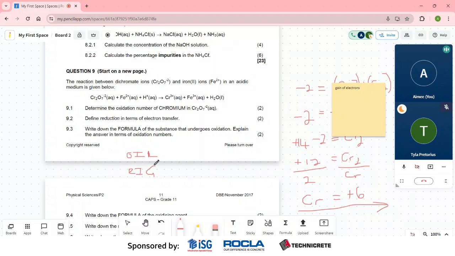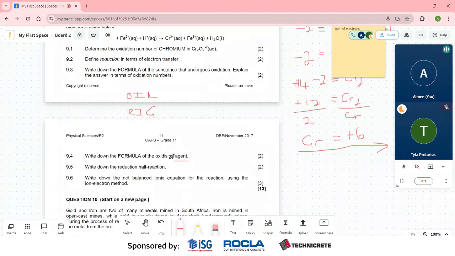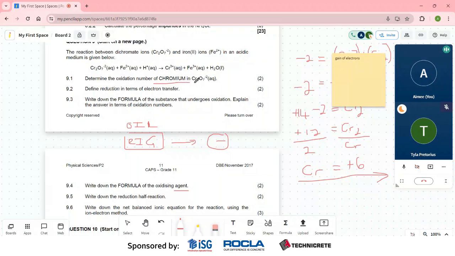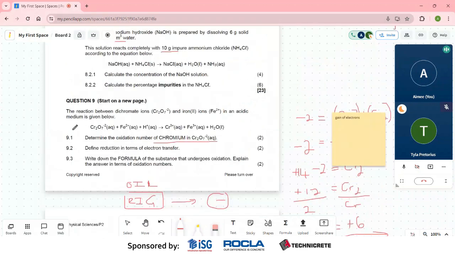So, like I said, just to start again, remember that when you see the word agent, it means you're looking for the opposite of the first word. So, an oxidizing agent is the one that undergoes reduction. Reduction is the gain of electrons, which means that something is becoming more negative, okay? We already calculated that chromium's oxidation number at the front, in this format, was positive 6.